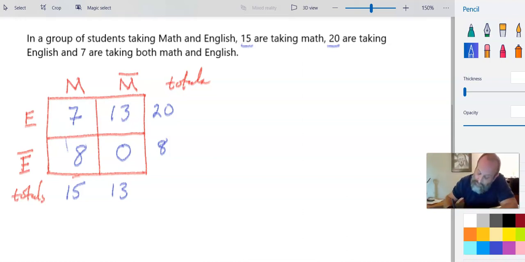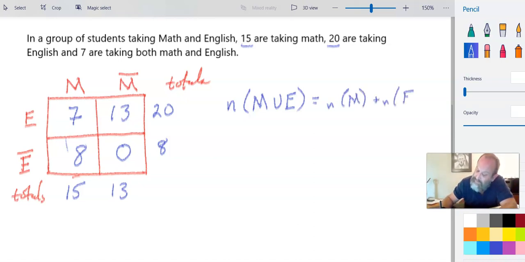So if I want the number of people taking math or English, right? Remember, that was our notation for this. Math or English, it should be the number of people taking math plus the number of people taking English.